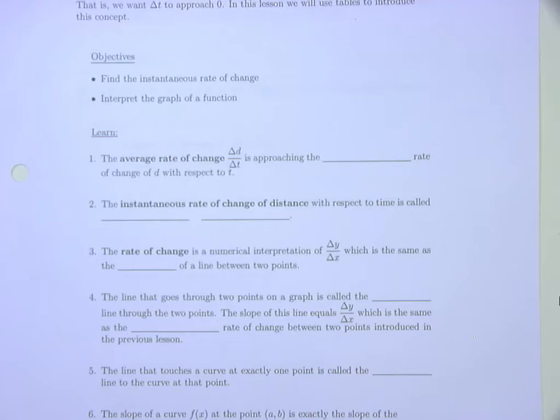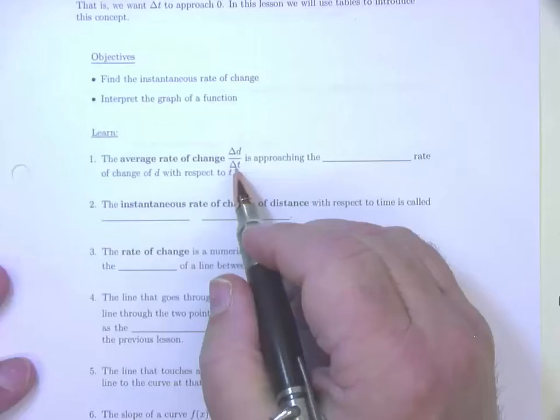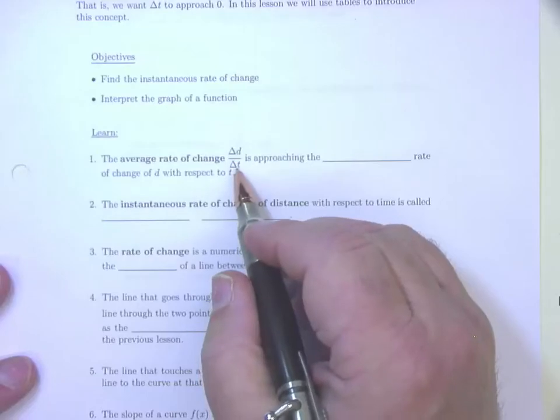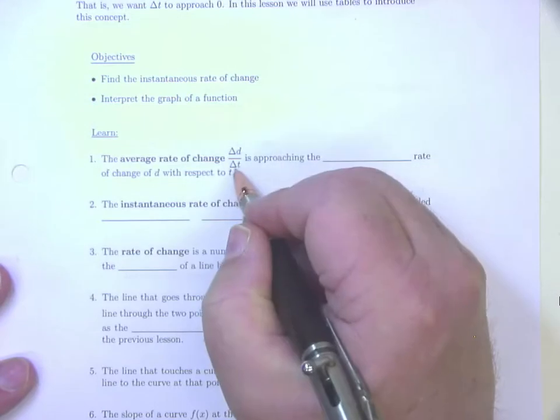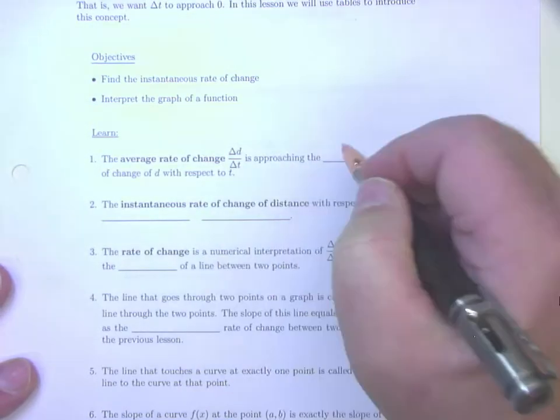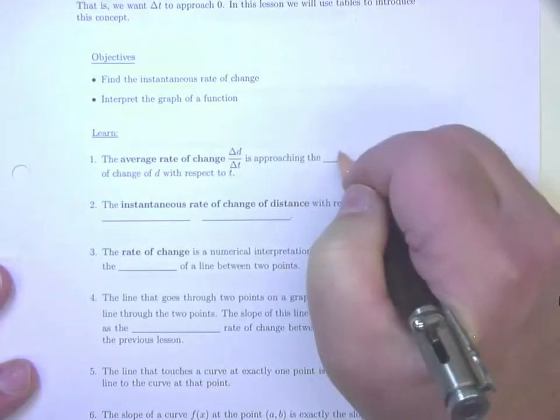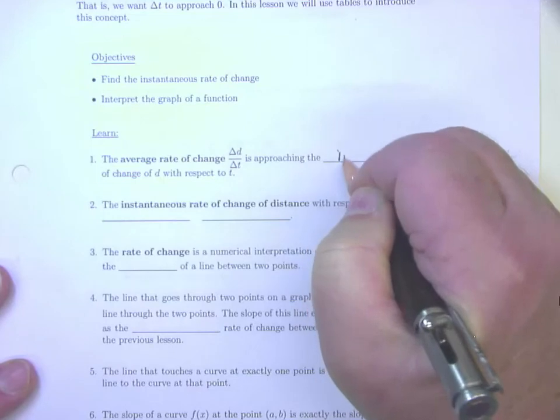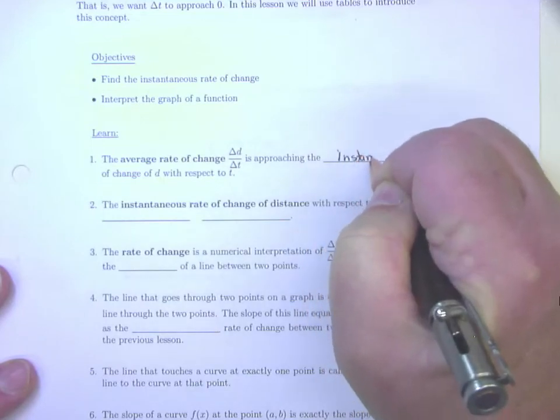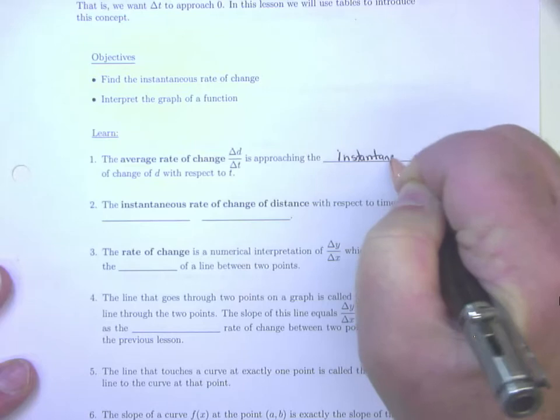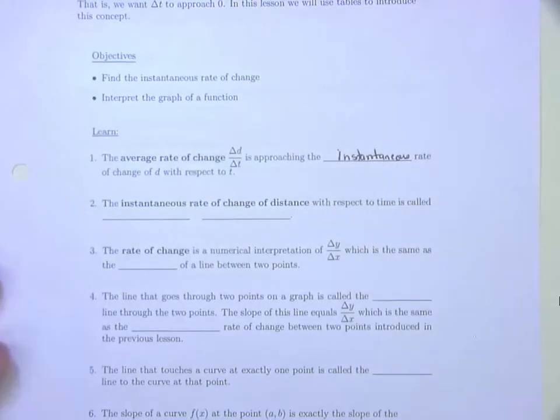The average rate of change, delta D over delta T, is approaching the blank rate of change of the D with respect to T. Well, as delta T gets smaller and smaller and smaller, that's the key. What you're finding here is the instantaneous rate of change.